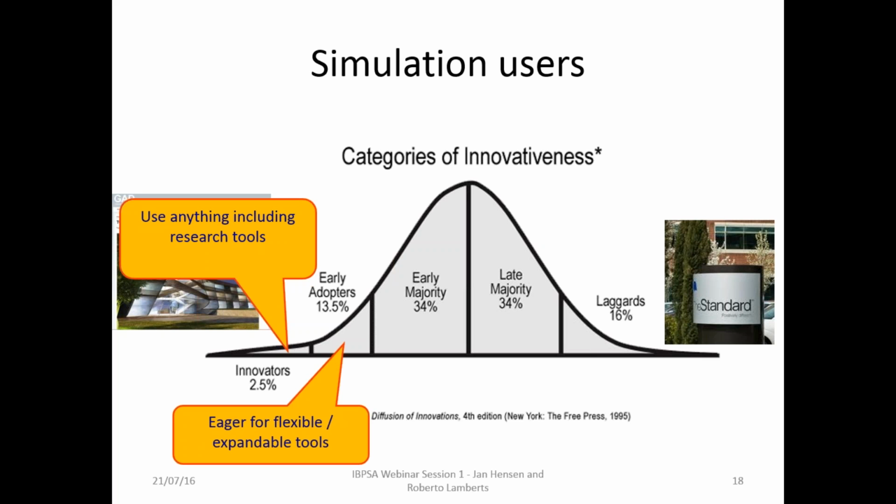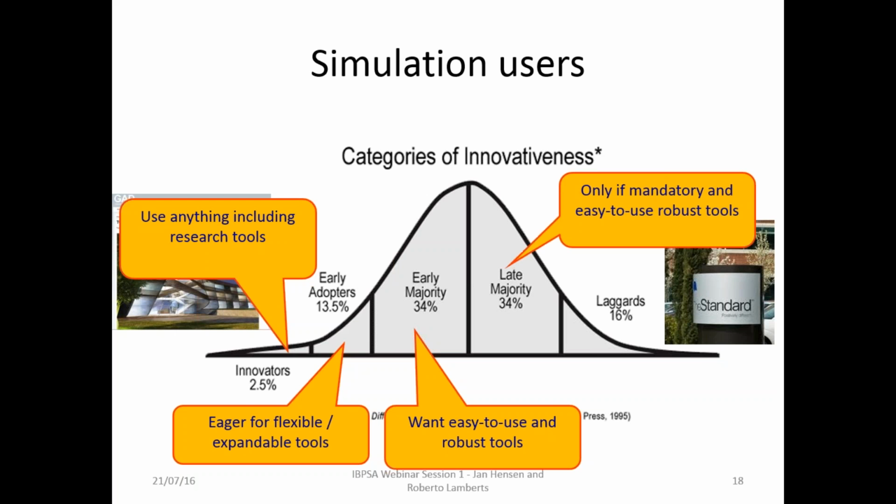Then the early adopters, they are very eager to use tools, but they must be flexible, very expandable. The next category want easy to use and very robust tools. The next will do it only if it's mandatory and there are easy to use robust tools. And there's always a category who doesn't want to use simulation at all. So you can see amongst all people who use simulation or who want to use it, they have different requirements. So we need to have different tools for that.